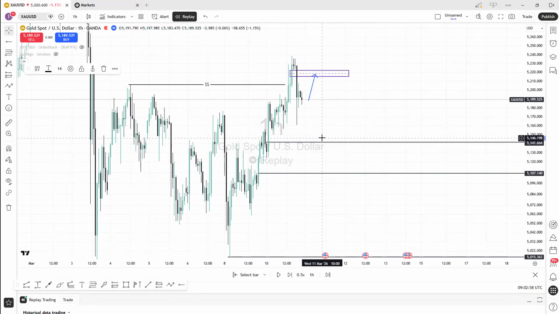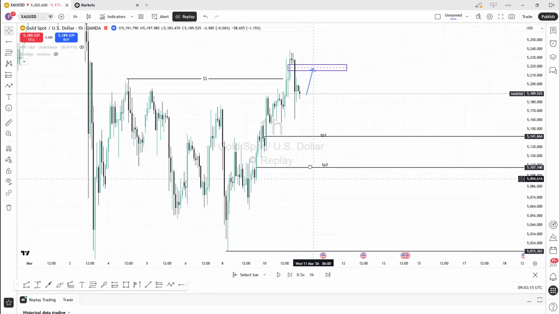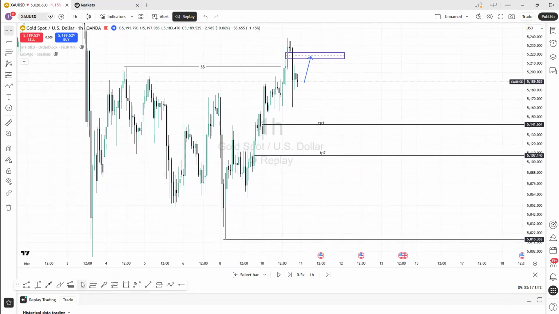So in the first point of interest, we can place take profit number one. And then on the second point of interest, we can place take profit number two. On the second point of interest, also on the liquidity zone, we can place our final TP.